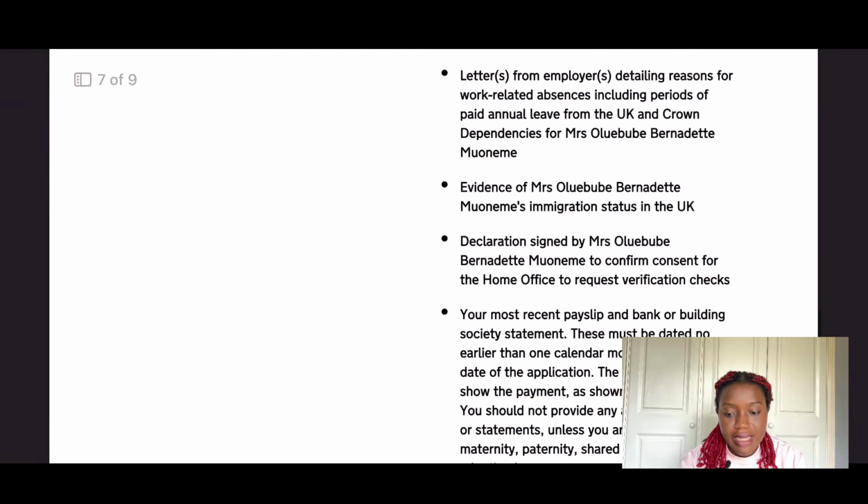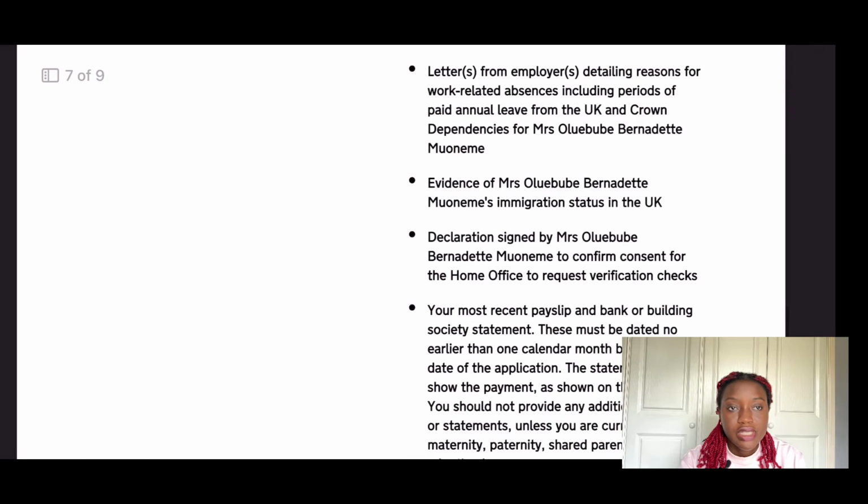Evidence of my name and immigration status in the UK. So this one is my e-visa. I had to convert my e-visa into a file and I uploaded it. Declaration signed by me to confirm consent for Home Office to request verification checks. So when you're filling this in, you'll be able to download this declaration form. So you need to sign it and upload it.